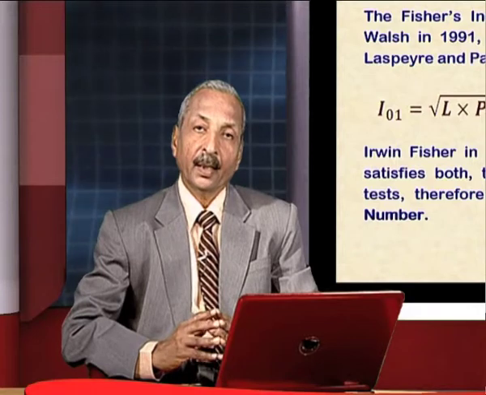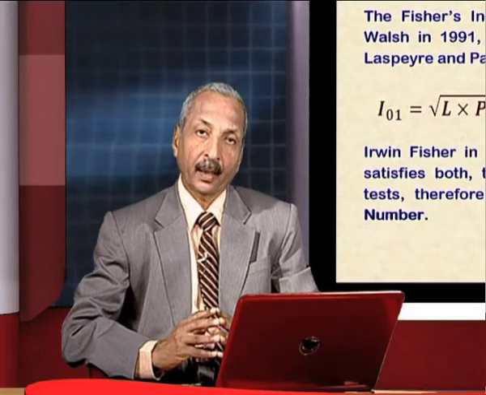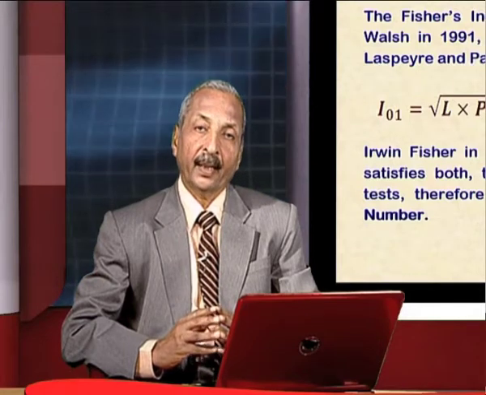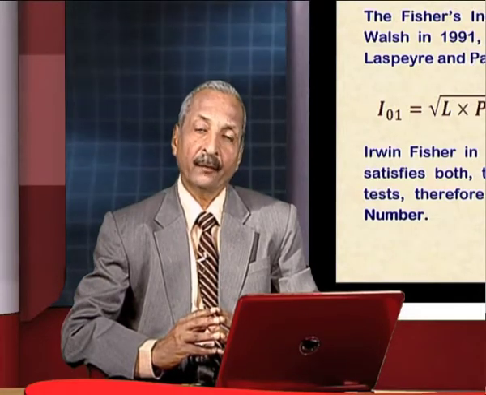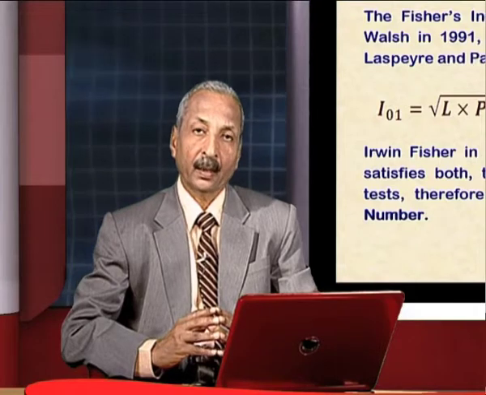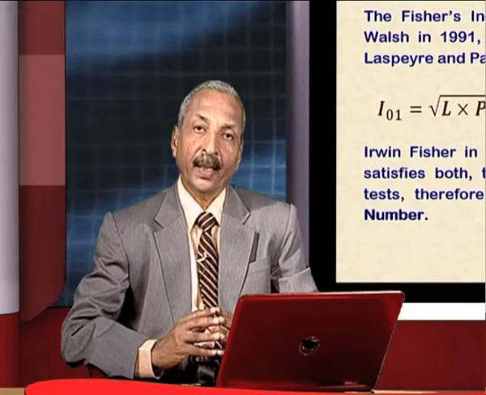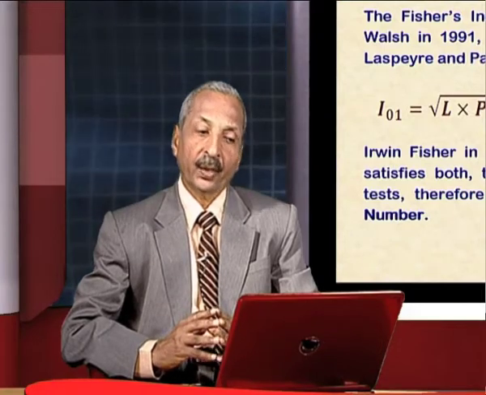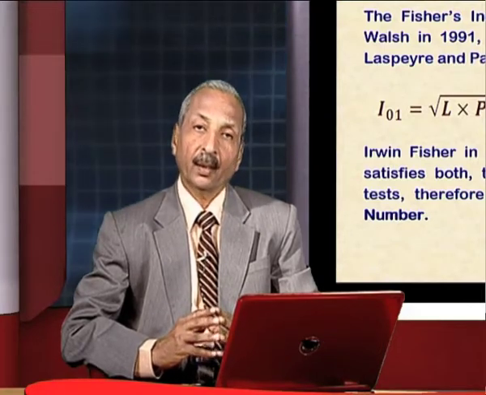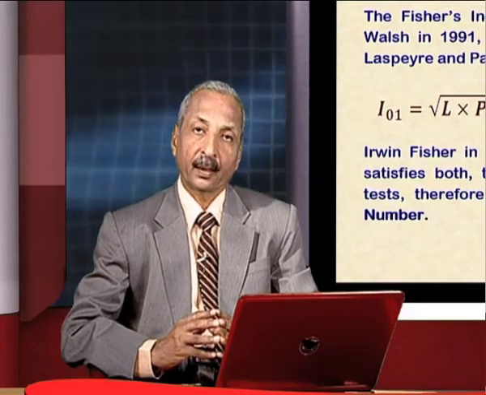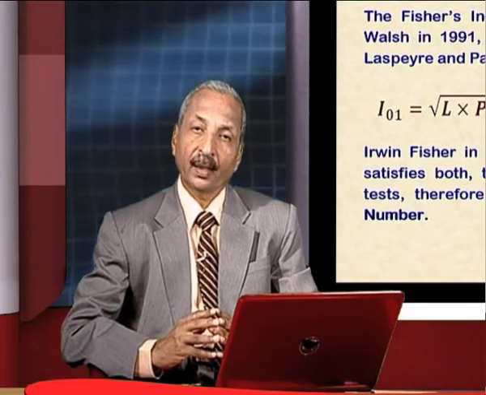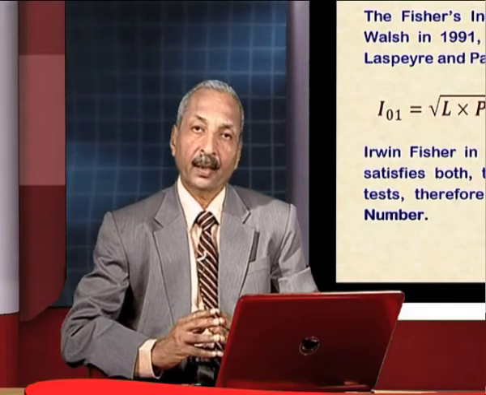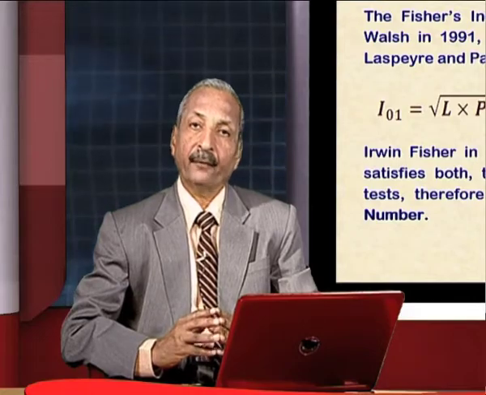So, in all there are 4 criteria. We prefer that an index number should satisfy all the 4 criteria, but it is difficult to have an index number which satisfies all the 4 criteria. Even Fisher's index number, we shall see, does not satisfy the circular test, but it satisfies the first 3 criteria, that is the unit test, time reversal test and factor reversal test.